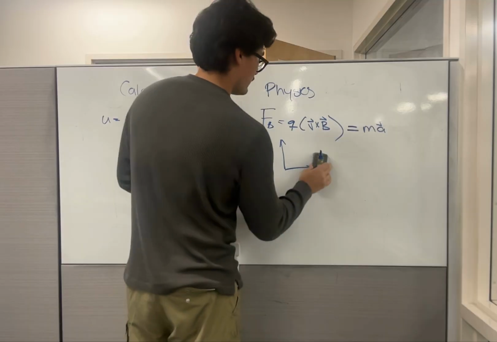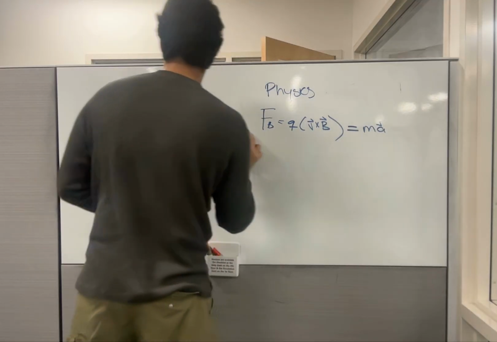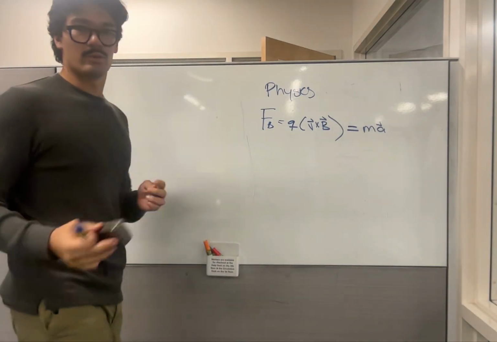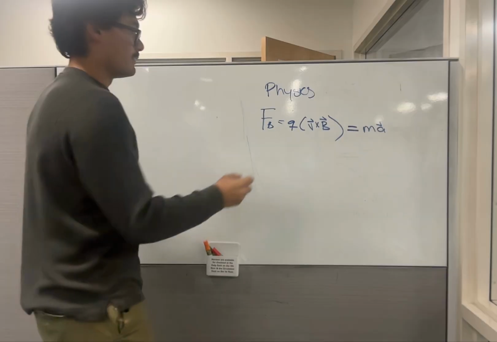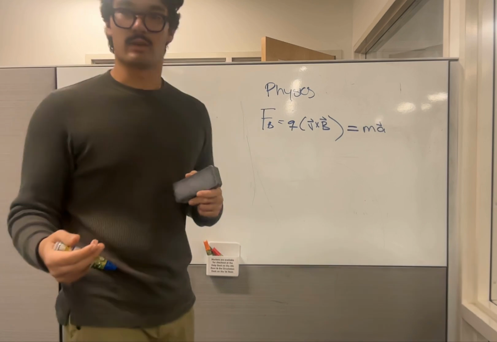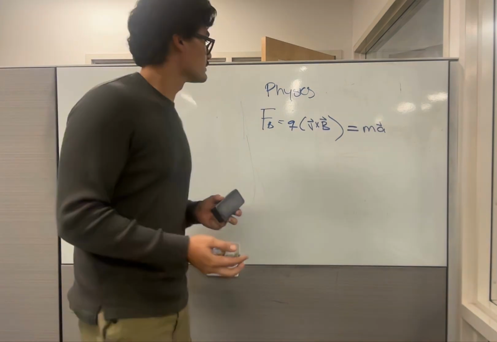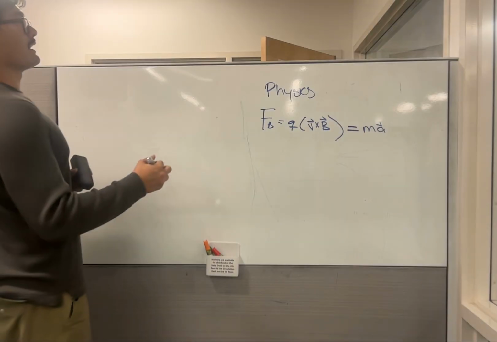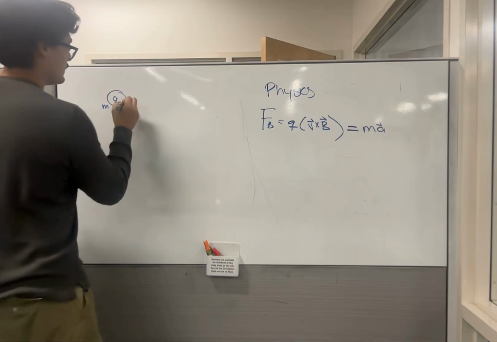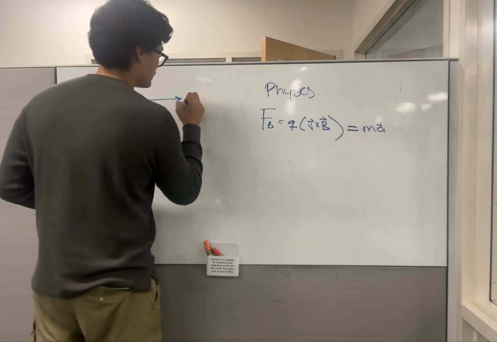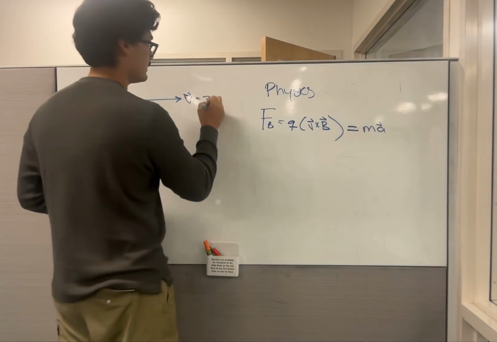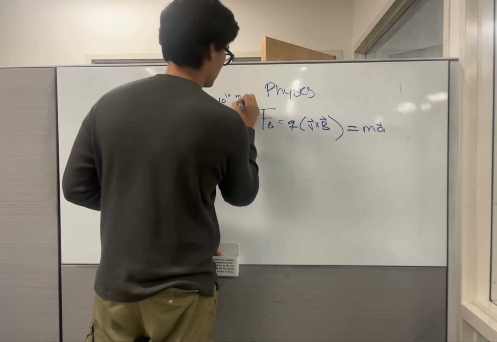So let's do an example. I'm going to work with a perfect case scenario. These are already 90 degree angles because I want to prove something about the tangential and the normal acceleration. So we're just going to say that there's a particle with charge q and it has a mass, and it's moving in the i hat direction at 3 times 10 to the 10th meters per second.